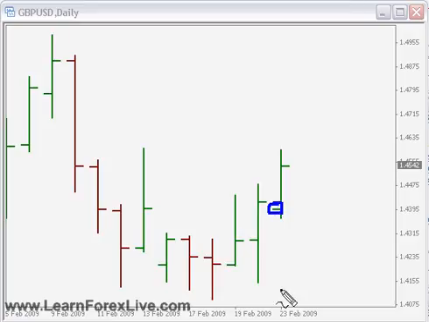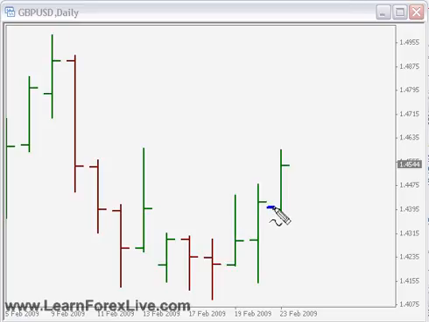This is the open right there, the left wick, at this price, 143.95. That's the price at which this market opened this morning, remember this is today's bar. Now this is the closing price, the right wick of the bar right there, as we've established. 145.44 is the current market price.